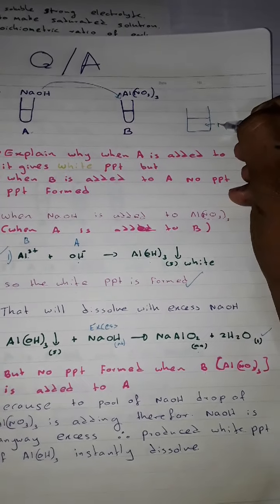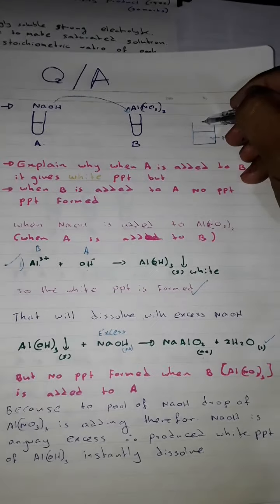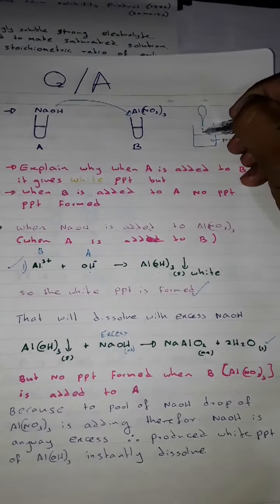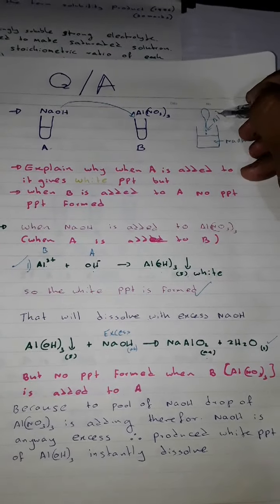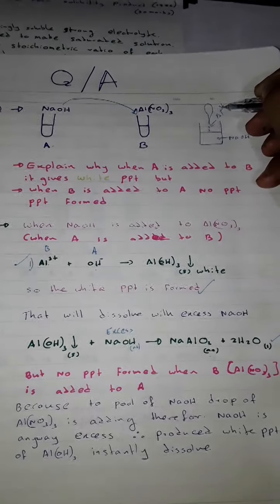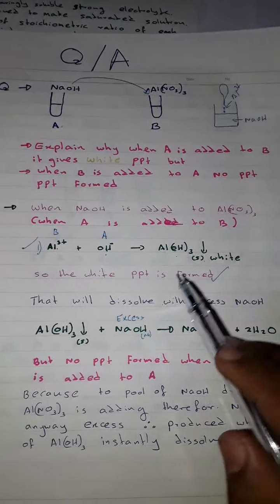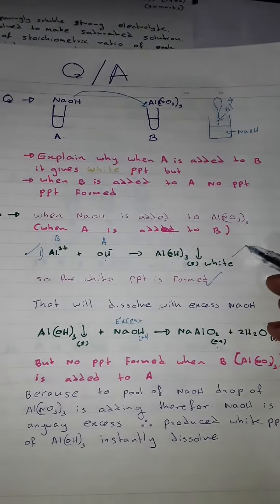Using a dropper, when I add aluminium nitrate dropwise, that means Al3+ ions, immediately Al3+ and OH- react. So Al3+ and OH- react and it makes this precipitate.